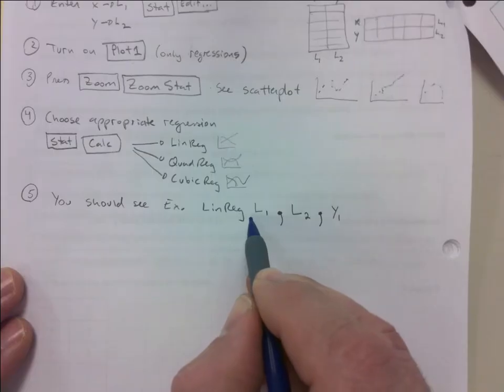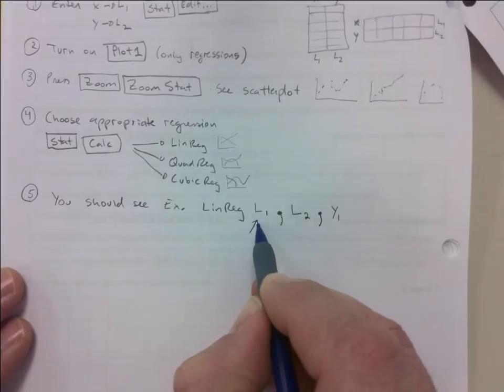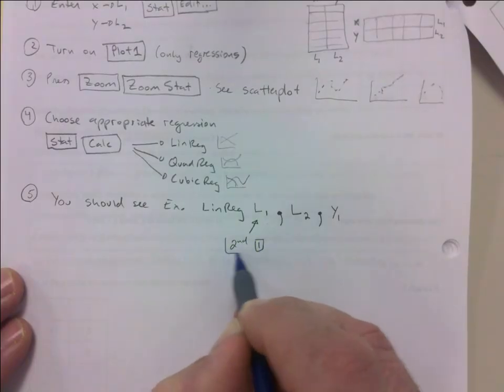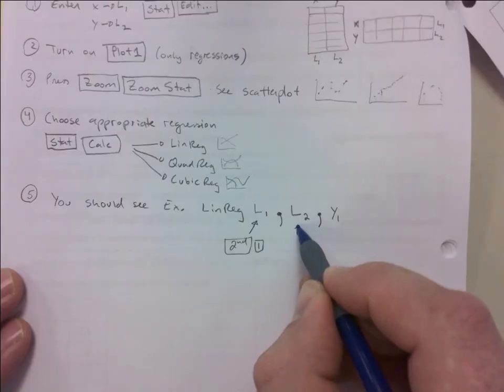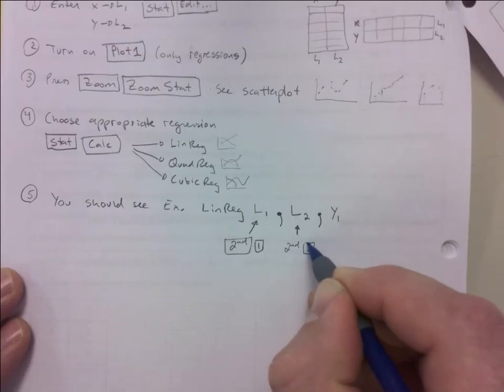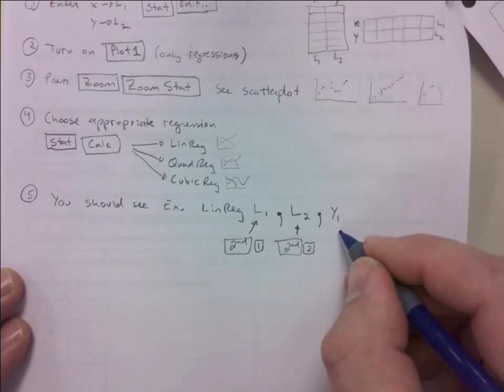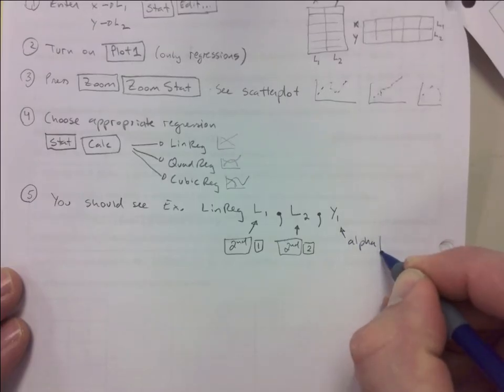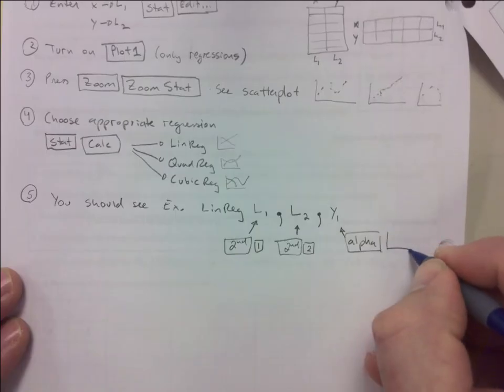Now, for some of you, you need a refresher. Where do we get L1 from? L1, you press second and the number 1 button. To get L2, you press second and button number 2. To get Y1, we press alpha trace.